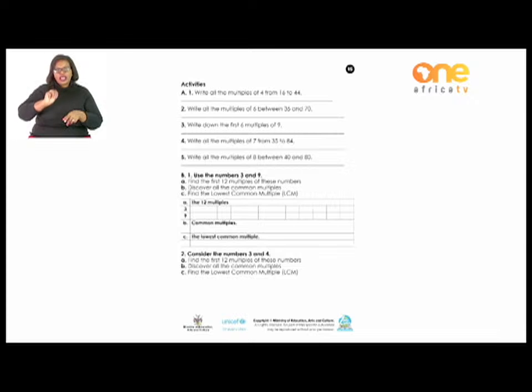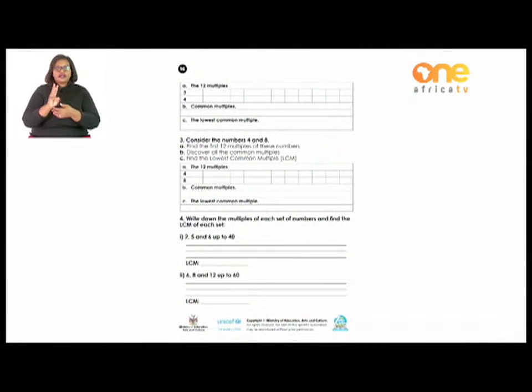Then we continue on page 16. You have to fill those 3 and 4 in the space provided. Number 3, you have to do the same with the numbers 4 and 8. And then we go to number 4.